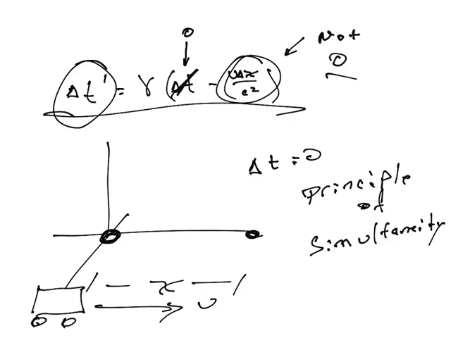But we now know a very important fact: if you have two events that occur at some distance apart from each other, and one person sees them as simultaneous, then anybody who's moving relative to that person cannot see them as simultaneous. They happen at different times.